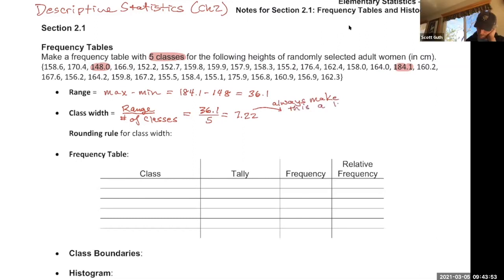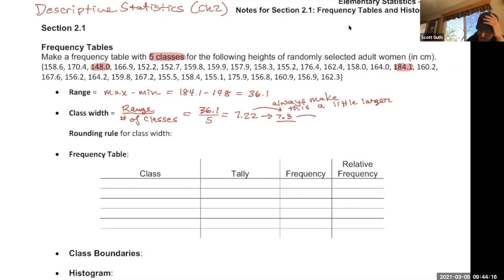Just a little. Because if you don't, it'll end up not covering the whole range. I know that's weird. So I'm going to round this up to 7.3. And you should use the same number of places as the data.